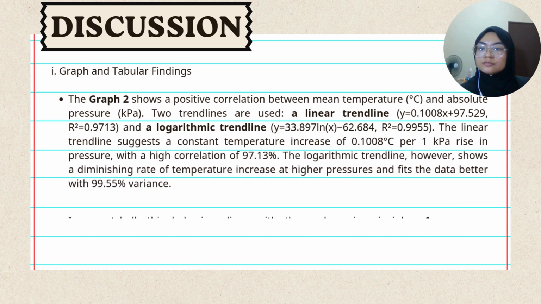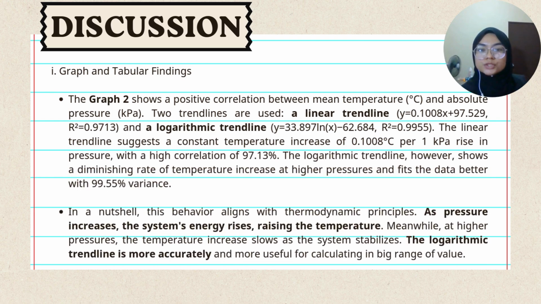Next up is discussing graph 2, which illustrates a positive correlation between the mean temperature and the absolute pressure. This graph shows how the temperature increases with the rising of the pressure.